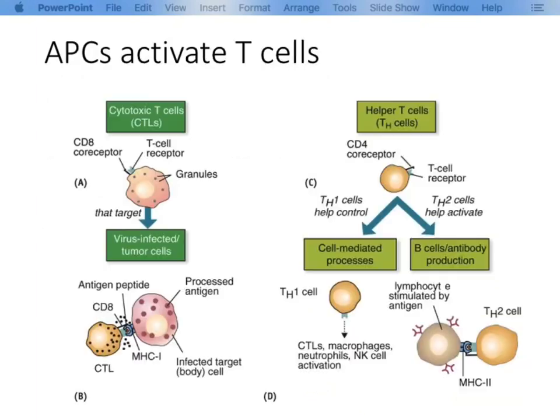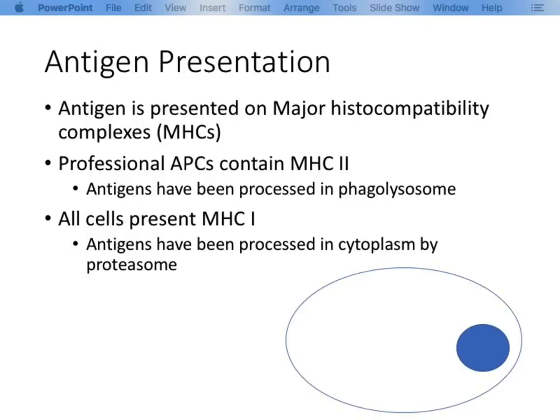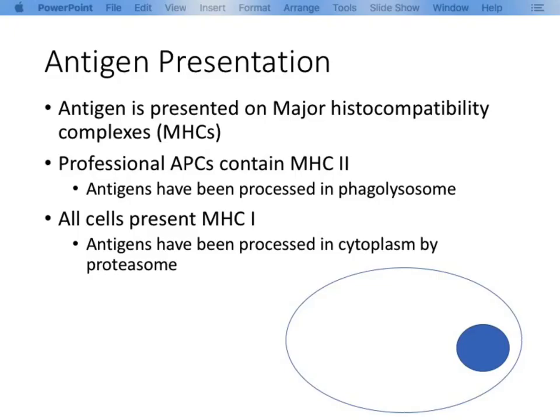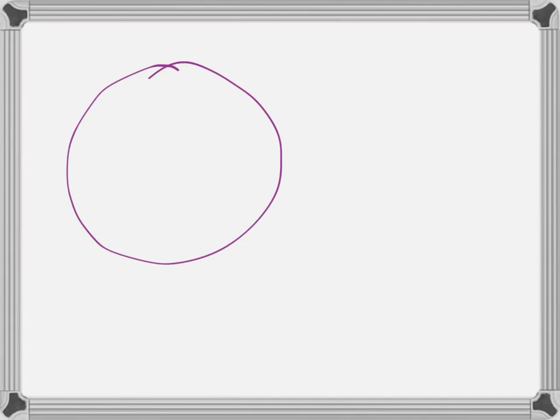One way is if a macrophage phagocytizes a pathogen, destroys that pathogen, and breaks it into small pieces, those pieces will bind to MHC2.